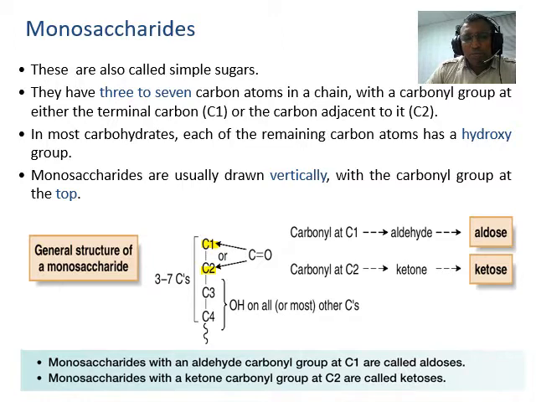Basically it is arranged vertically, and this is called acyclic structure. In terms of whether it's aldose or ketose, if it is aldose, it has the carbonyl group at C1. If it is a ketose, the carbonyl group will be at C2 instead. This is the manner of giving the structure for the monosaccharide.